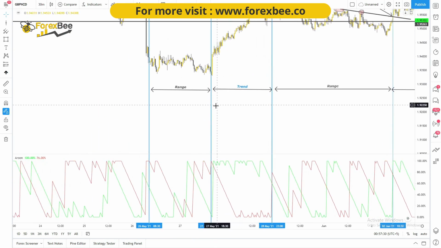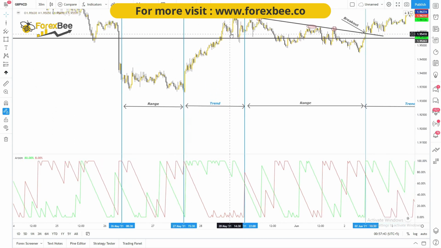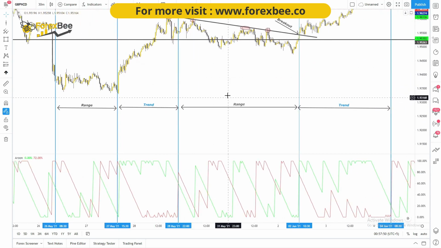And whenever there's a crossover between Aroon up and Aroon down, there's going to be a trend reversal. As you can see here, the crossover happened and the trend got reversed. In a similar way, we can tell from here that this is basically a range, because there is no visible trend here, and you can also see the lines are moving parallel to each other.